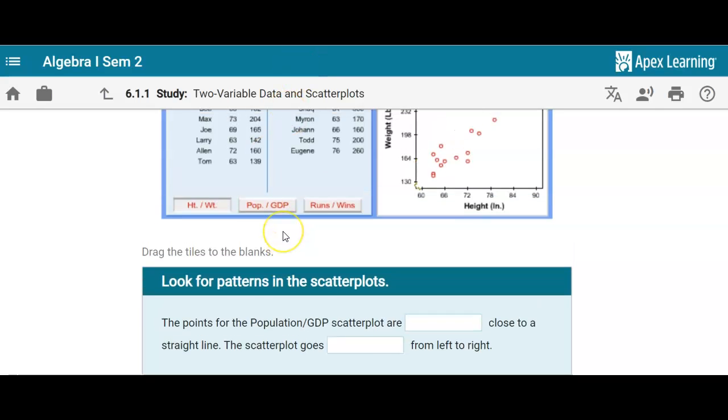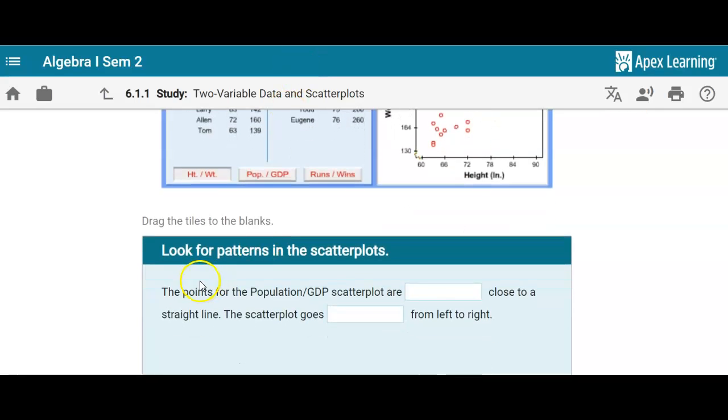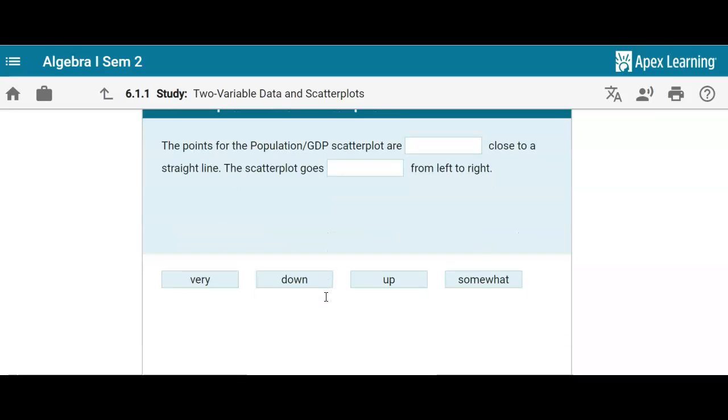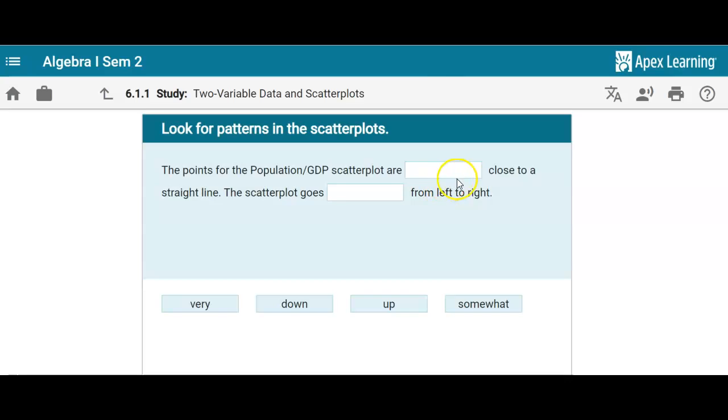So when we look at this, the points for the population GDP scatter plot are, are they very close to a straight line or somewhat close to a straight line? I would say they're somewhat close to a straight line. And the scatter plot goes up from left to right.